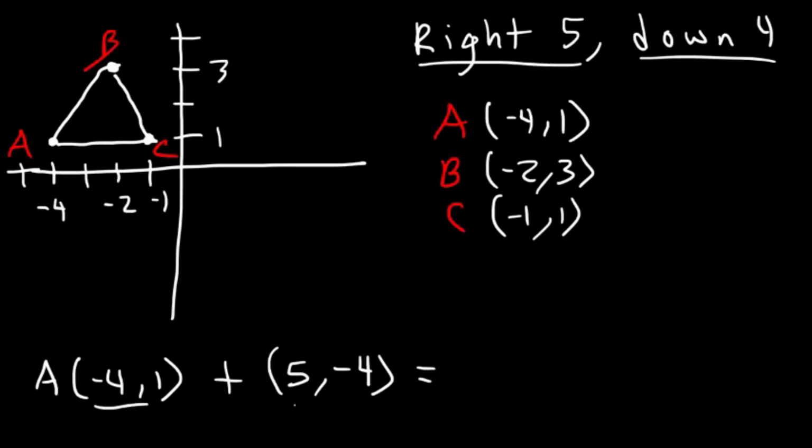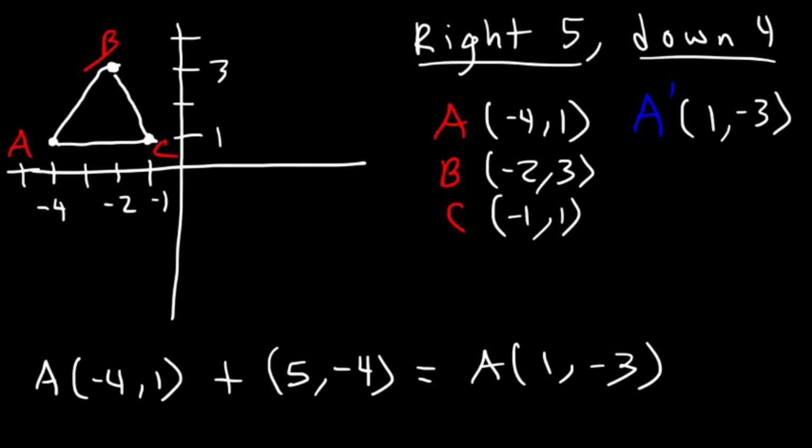So -4 plus 5 is 1. 1 minus 4 is -3. So the new coordinates for A are 1, -3.